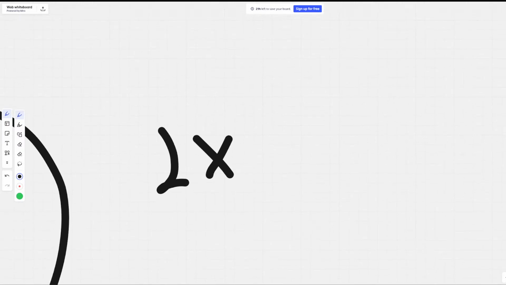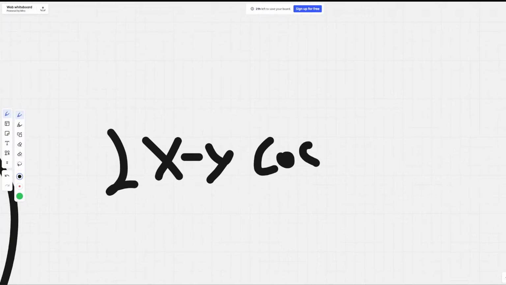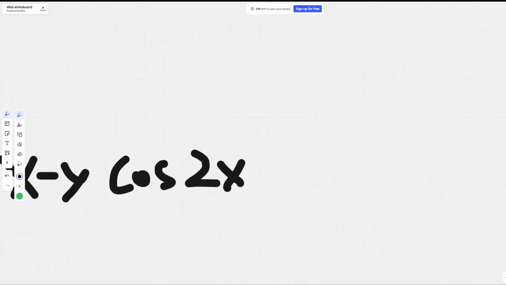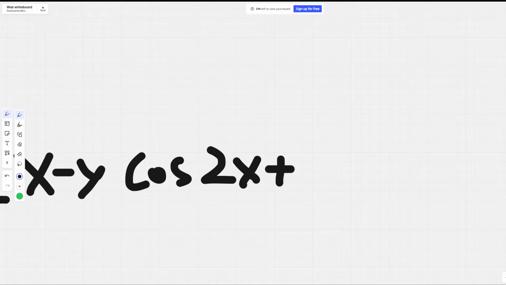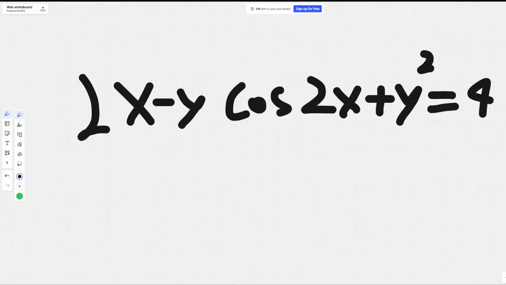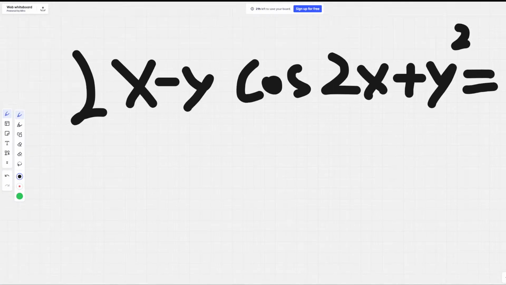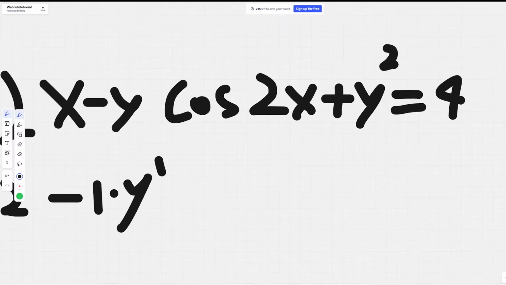2x, let's see here, minus y, cosine 2x plus y squared equals 4. Now we take the derivative of all of this, shall we? 2x is 2, minus y derivative is 1, y prime.